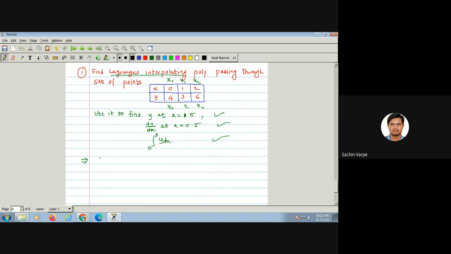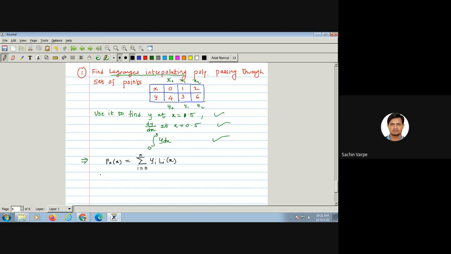So what is the Lagrange's interpolation polynomial we have defined? In general, Lagrange's interpolation polynomial, we write it as Pn of x. Pn of x is summation yi li of x, and i varies from 0 to n.